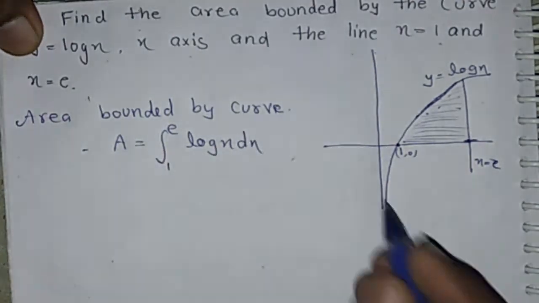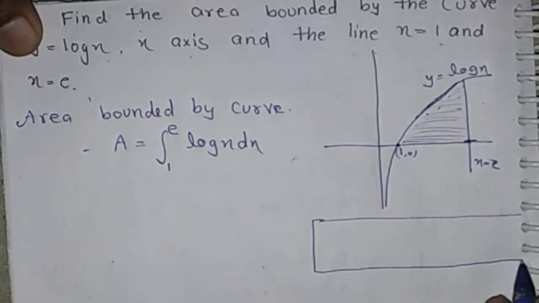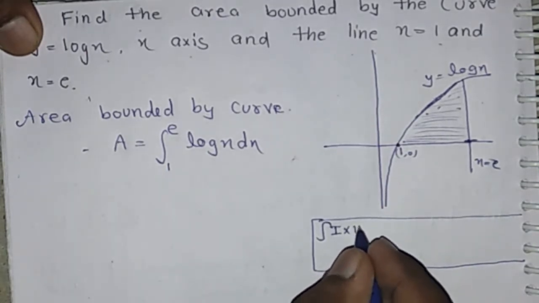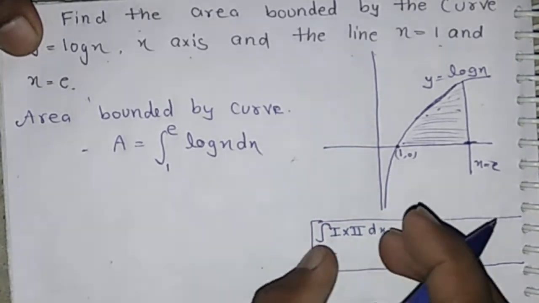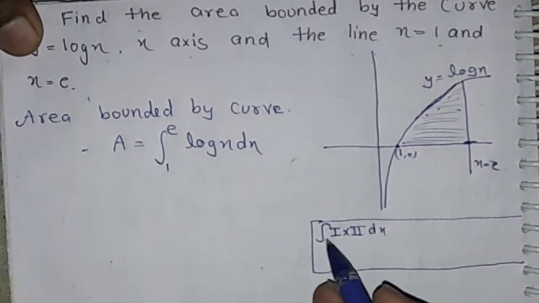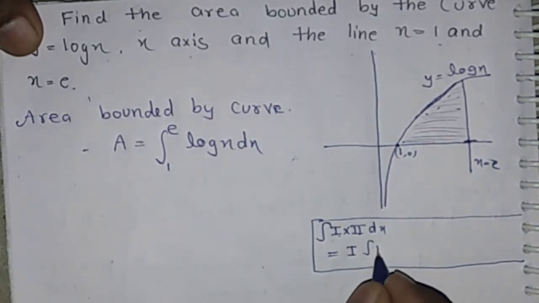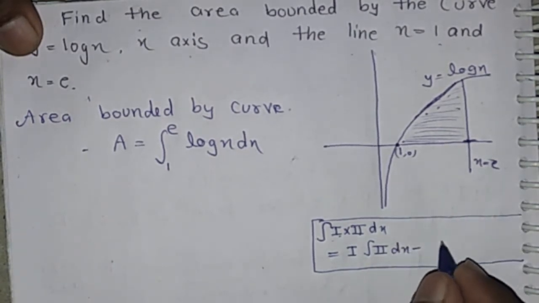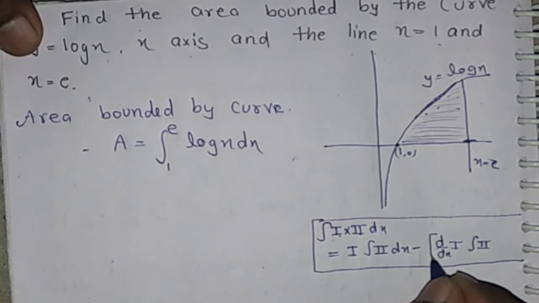Now integration of log x is solved by integration by parts, and the formula for integration by parts is: suppose there are two functions, first function and second function of x, then the integration of these two functions is first function times integration of second, minus the integration of the derivative of first function times integration of second function.